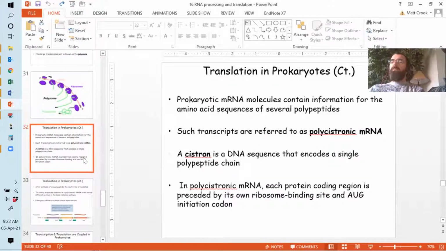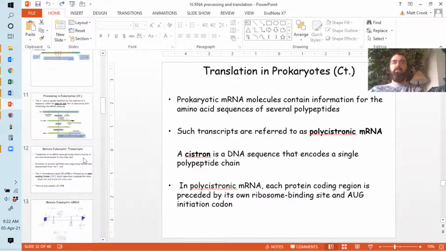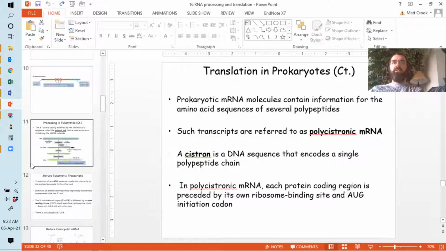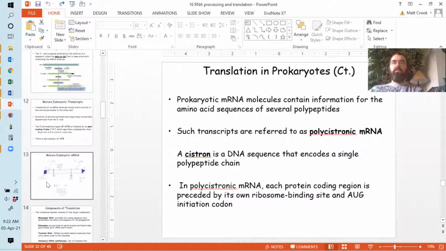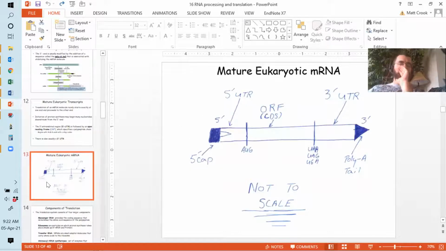There are also some funky differences in translation in prokaryotes and translation in eukaryotes. Essentially, in eukaryotes each gene is its own unit. It's not completely rare for genes to be clustered together, but each gene is transcribed independently in eukaryotes.